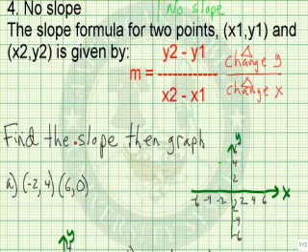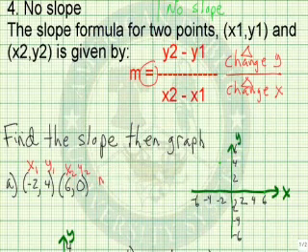Let's see if we can find the slope of 2 points, and then look at the graph and see what happens. If we have -2, 4, and 6, 0, if we use our formula, we subtract the y's. So this is our first point. We'll call this x1, y1. We'll call this x2, the x-coordinate of the second point, y2.